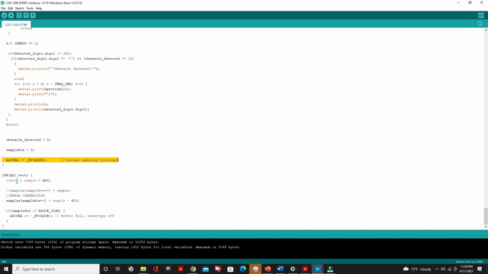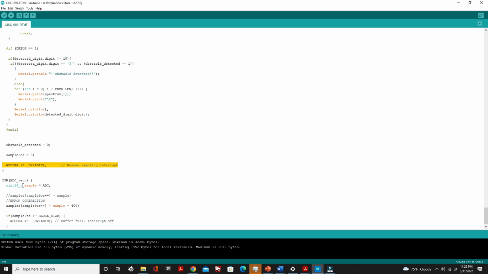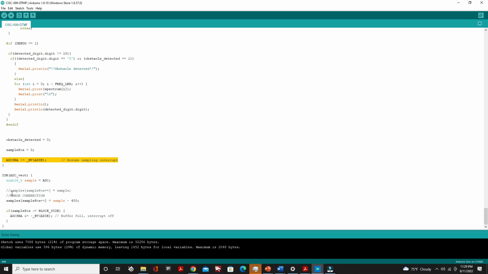This is the interrupt service routine. This routine is called whenever there is an interrupt by the A to D converter in the Arduino. As I said, I have enabled all the interrupts, including the analog to digital conversion, in the setup itself. So at the start of the main body function, I wait for the audio samples.